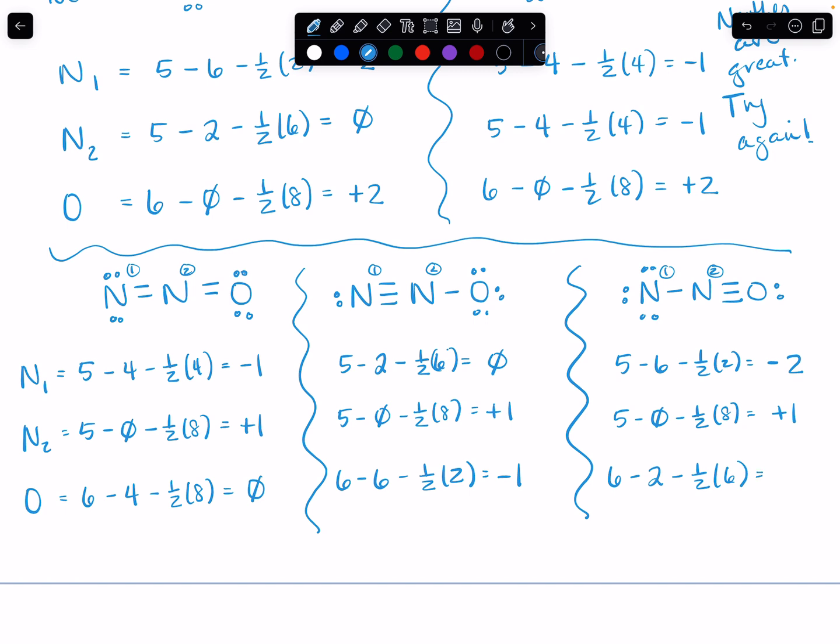So this is going to be 6 minus 5. So that's also +1. All right, so if I look at these 3, my best choice is going to be this one in the middle. I've got a negative formal charge on the more electronegative atom compared to the other 2, and I've got a positive charge on the less electronegative atom compared to the other two. So this is going to be my best bet, this one right here.